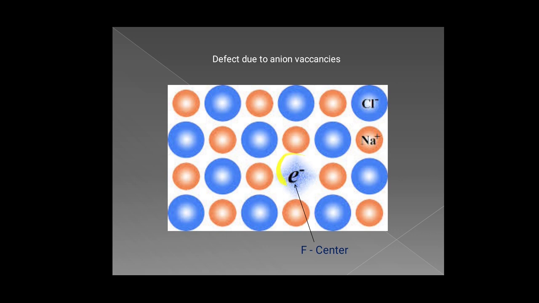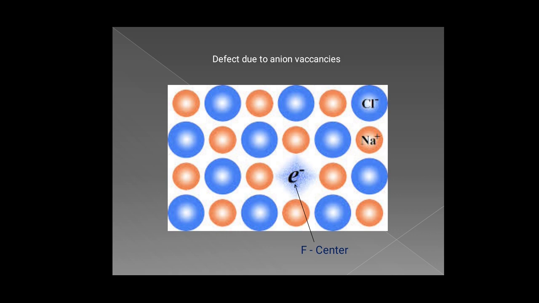Now if this was the place for Cl minus and Cl minus is lacking, that means an anion is lacking, and at the place of the anion a vacancy is created, which will be replaced by an electron. There won't be any particle as such, but just to have the crystal as a whole neutral, an electron will be present in that vacant space.